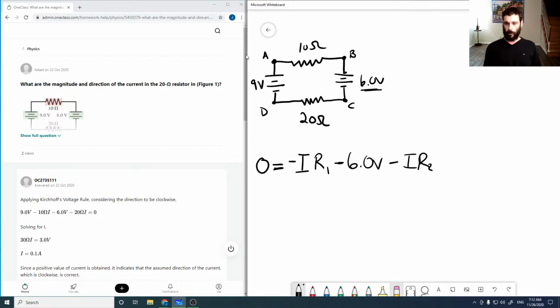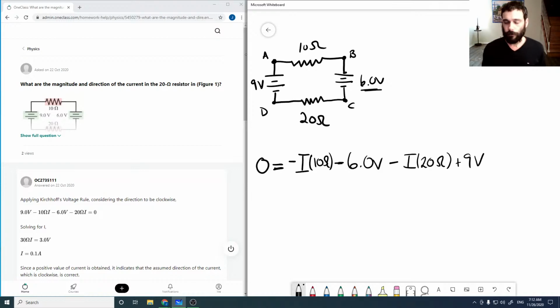Or I guess I might as well put in the values since I'm putting the values for the voltages. So this will be 10 ohms, and this will be 20 ohms. And then going from D to A, since we're going from negative to positive, is plus 9 volts.